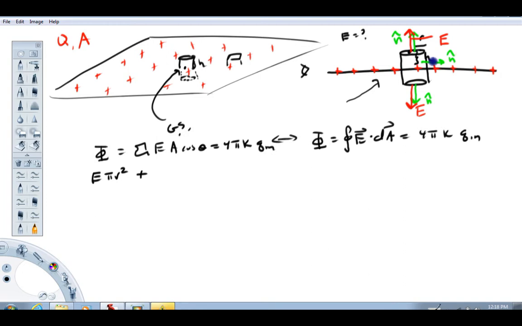So there is no flux through the side can surface. I'm just going to put 0 for the can. Down here, electric field down, normal down, angle between them 0, cosine 0 is 1. So the cosine theta is 1. So we're just going to have the electric field times that cross-sectional area, which is pi r squared.